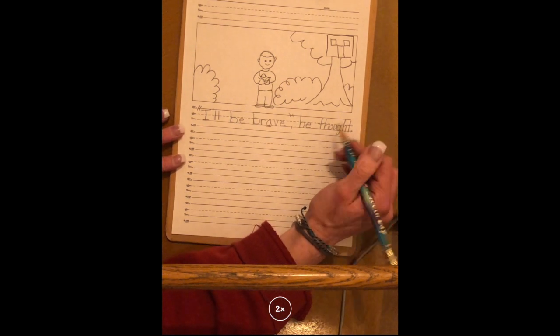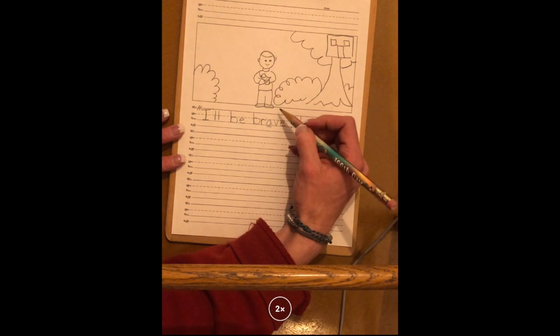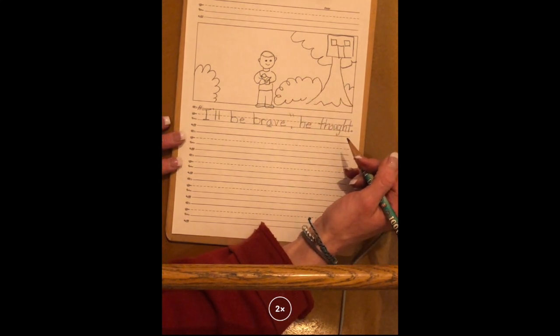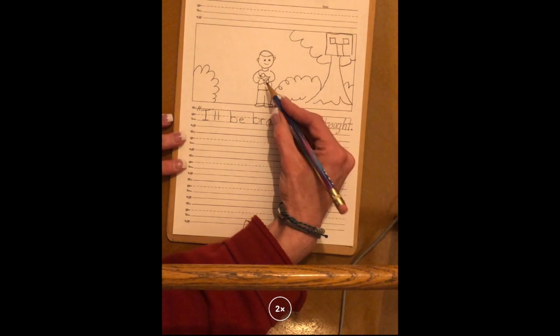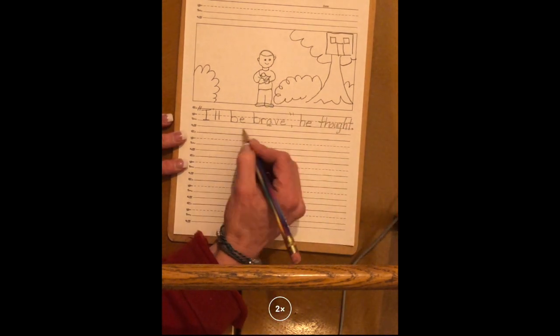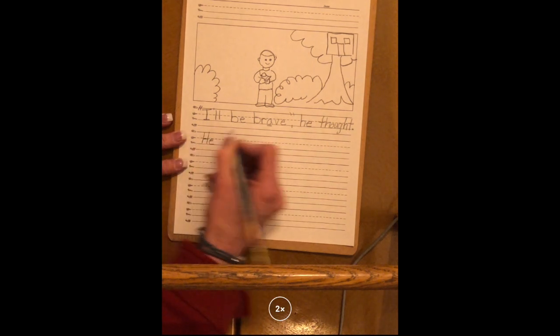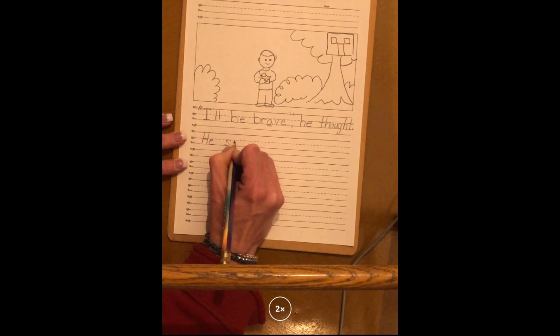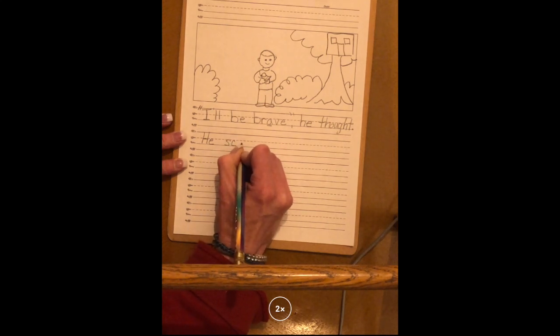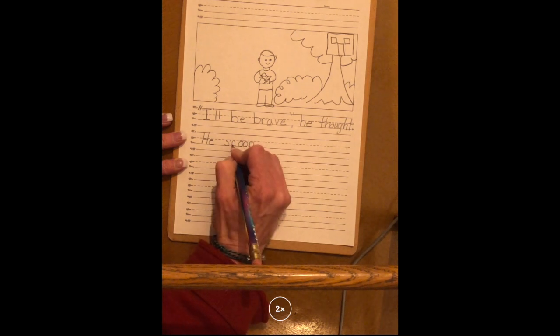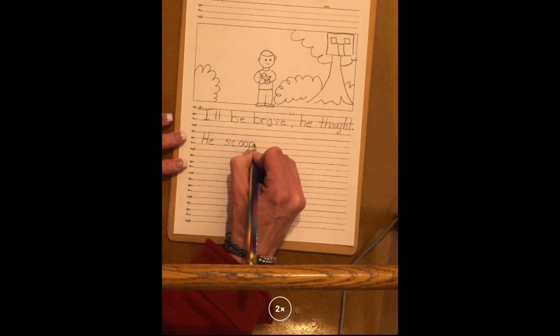Now I want him to scoop up because he's going to be brave and do something for the bird. So I want him to scoop up the bird in his shirt because it looks like he's using his shirt. So, "I'll be brave," he thought. He, capital H because it's the beginning of the sentence. He scooped. Scoop, and then you've got the d at the end.